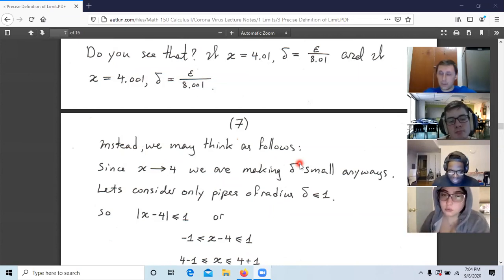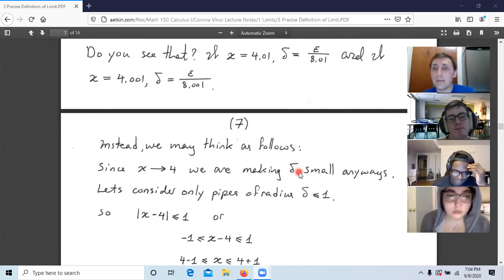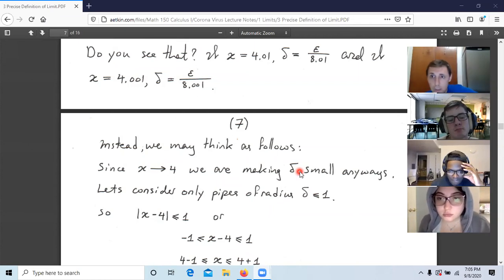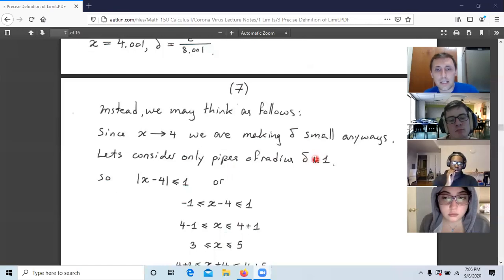I could possibly use wide pipes, but here I will make the exclusion that I will never use a pipe larger than radius 1. I'm obviously able to do so because the idea is I use thin input pipes. Are you with me? So I will pick delta less than or equal to 1.